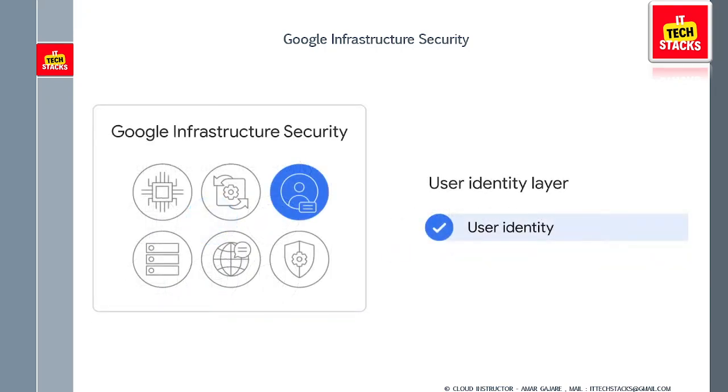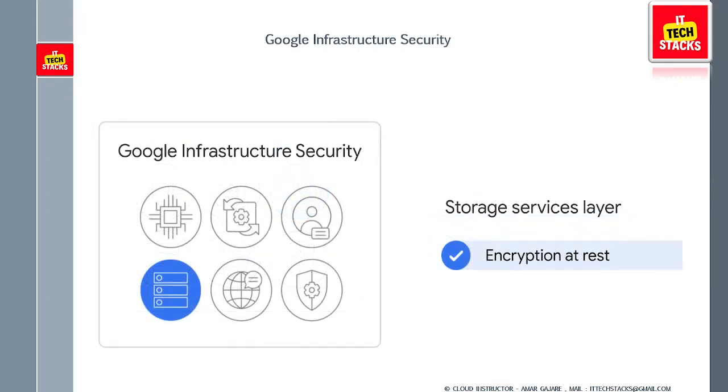Third is the identity layer, the user identity layer, so no one can log into your system without your consent, without the additional security. Fourth is the storage service layer, where Google also maintains encryption.